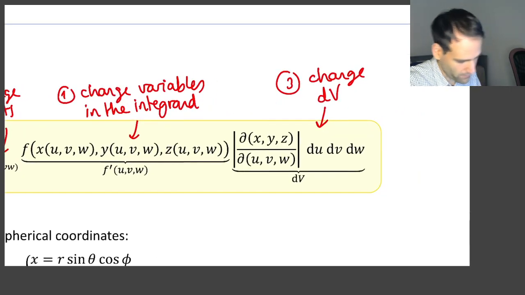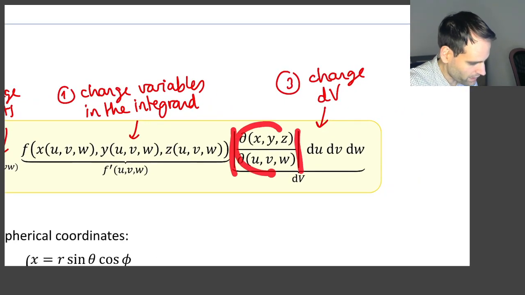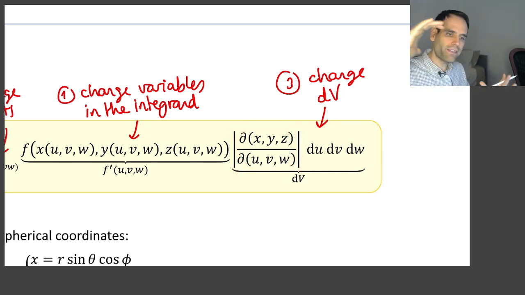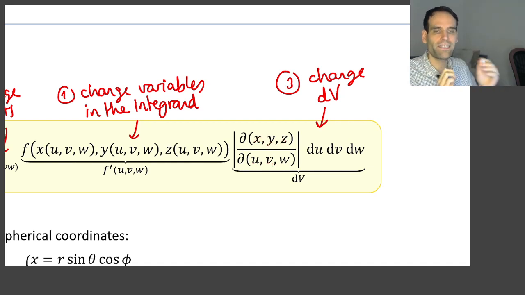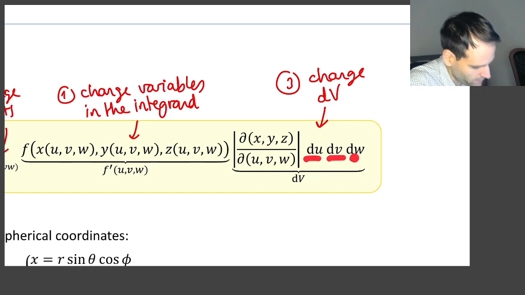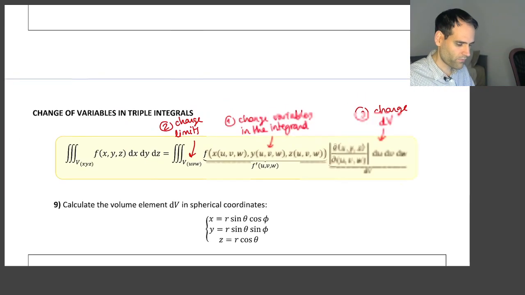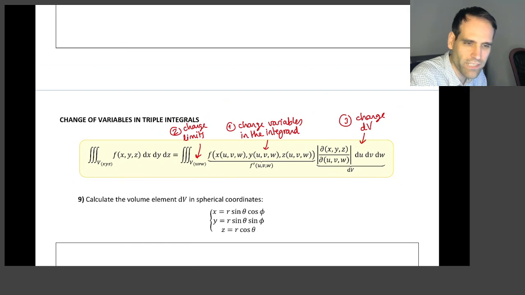And dV is given by the absolute value of the Jacobian determinant of a 3 by 3 matrix, because now we have 3 original variables and 3 new variables. So if we do all of the possible partial derivatives, we have 9 possible combinations, times du dv dw. Okay? So it's not a scary equation. It's actually quite simple.